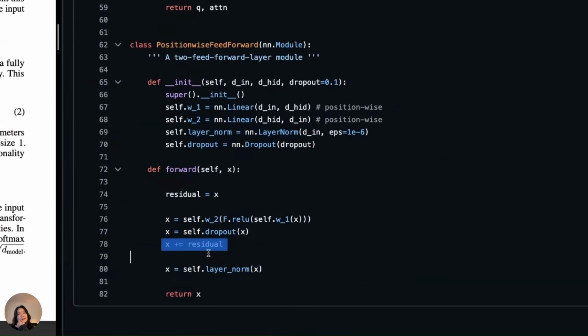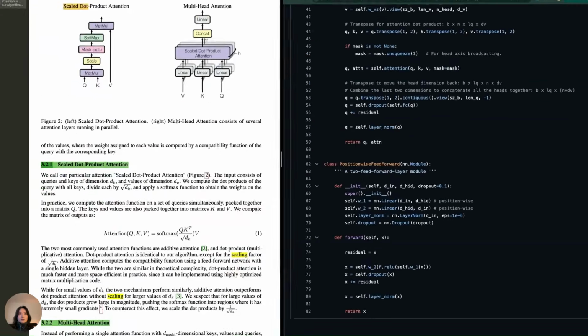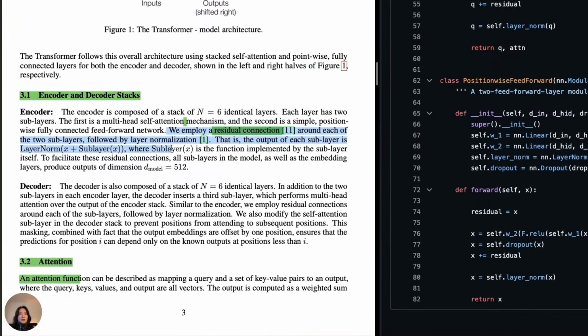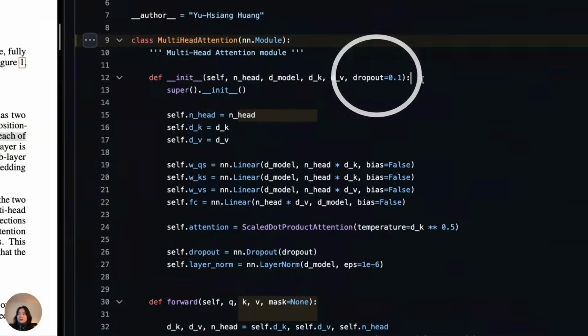And here, if you look at it, there are some things that we have seen before, residual and layer normalization. So let's go back and try to look up where we have seen this. Oh, here: we employ a residual connection around each of the two sublayers, followed by layer normalization. If you have noticed here, there is something that we haven't seen before. There is 0.1.